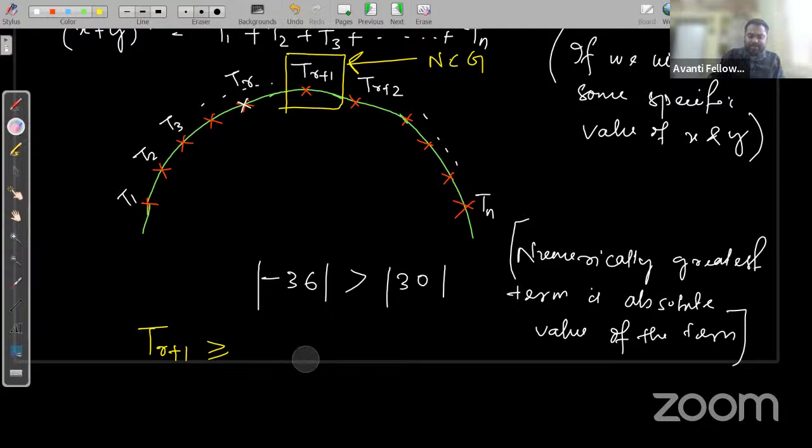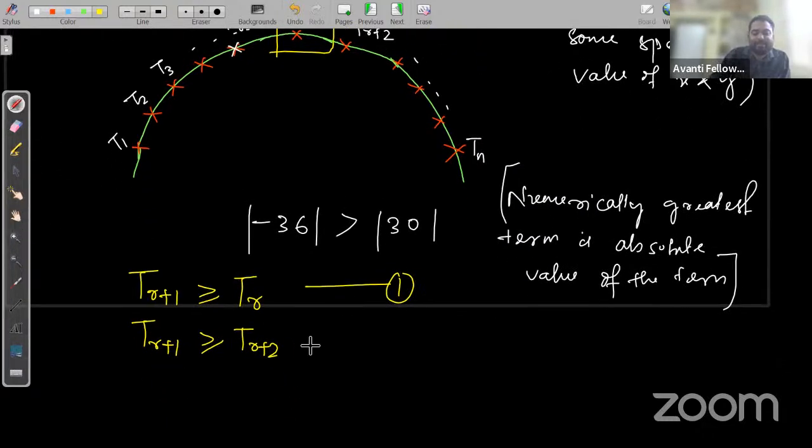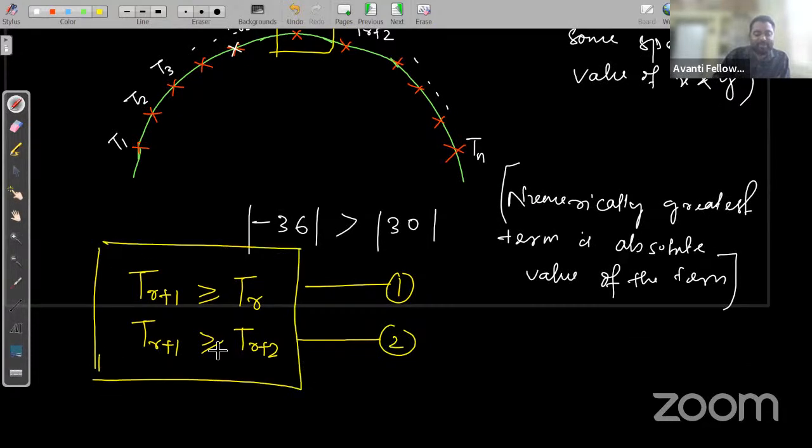So these are the 2 cases we need to consider.